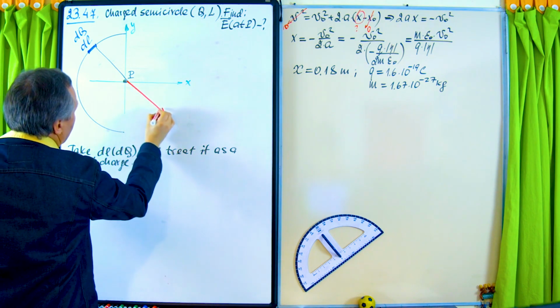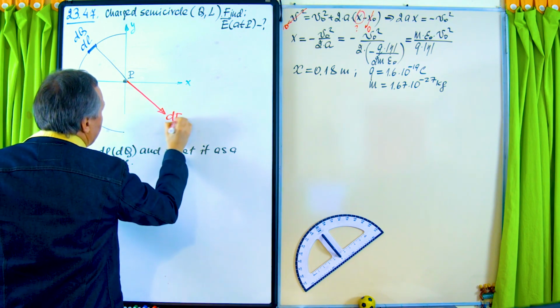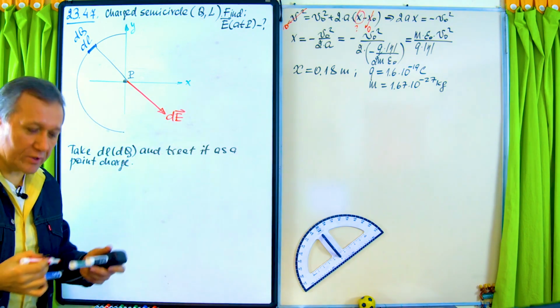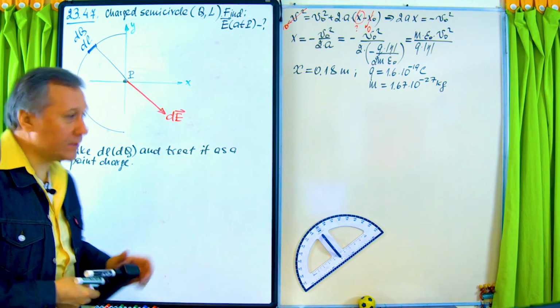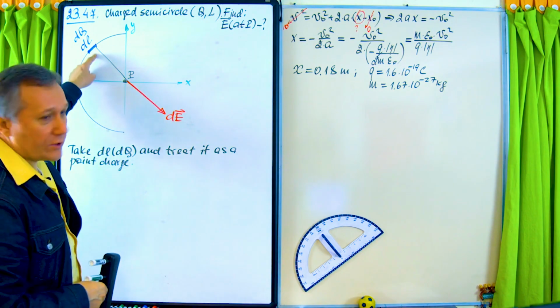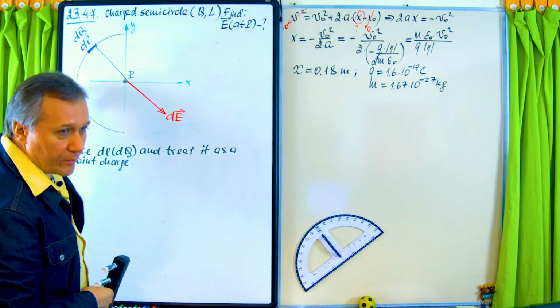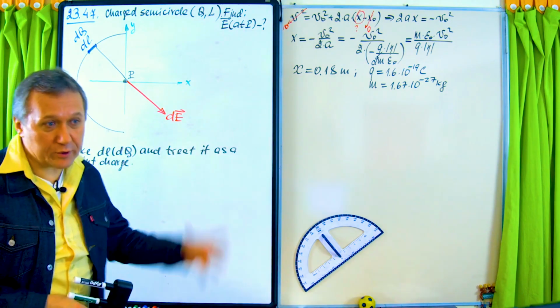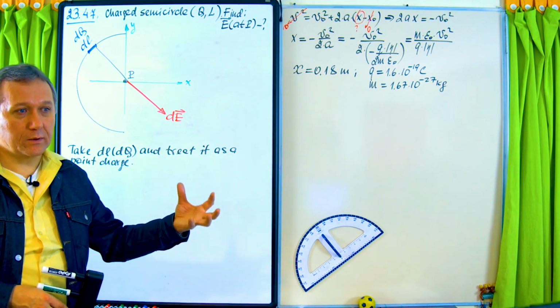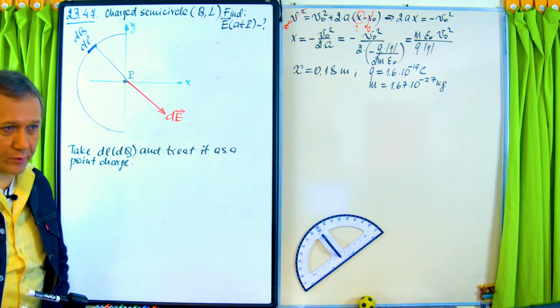So that's the contribution dE. It's a small contribution to the net electric field at this point from that charge dq. And of course, there will be contributions from pretty much each section of the rod. But we took some arbitrary dl, and that's its contribution.